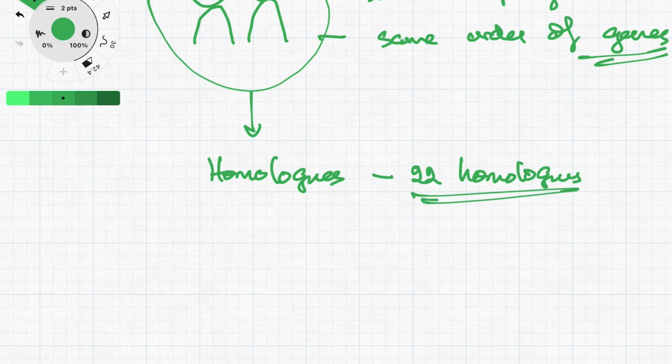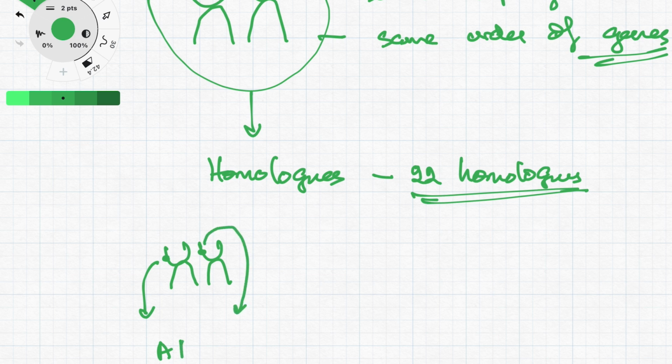That means same morphology and same information. Suppose I have a chromosome and its homolog, and I choose a position, and in that position they are trying to provide information for a protein A. In the other chromosome also it will provide the same or similar information.